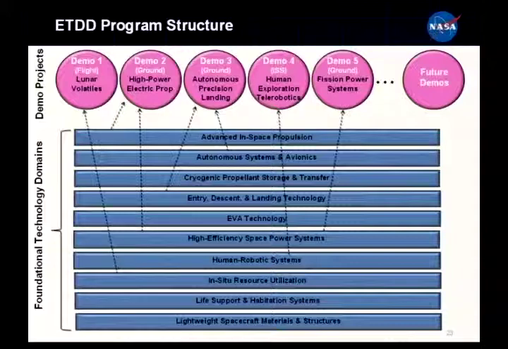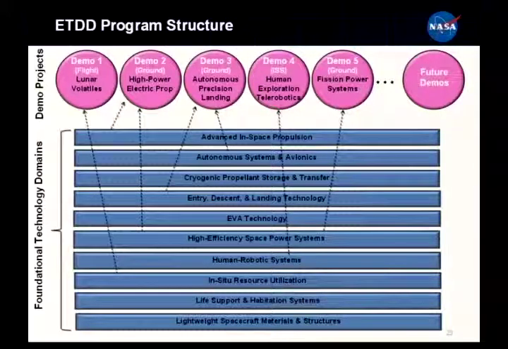But the foundational domains continue year to year, and their objective is to provide the foundational knowledge base in critical technology areas so that we're going to have a supply of new technologies to demonstrate. If we didn't have these foundational domains, we'd quickly run out of new technologies. So the domains mature the lower TRL technologies to the point where they can be integrated into representative systems, and then they're handed off to the demonstration projects for validation in a relevant ground or flight environment.